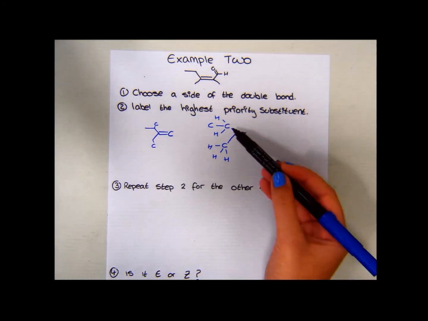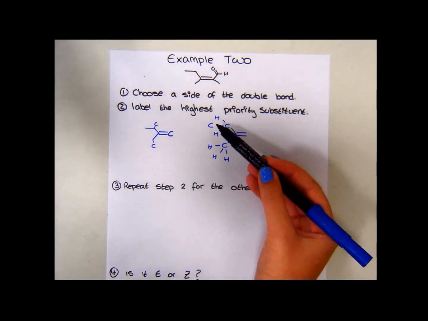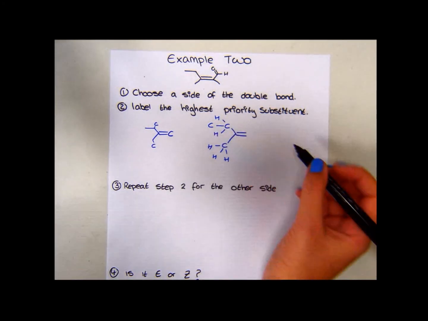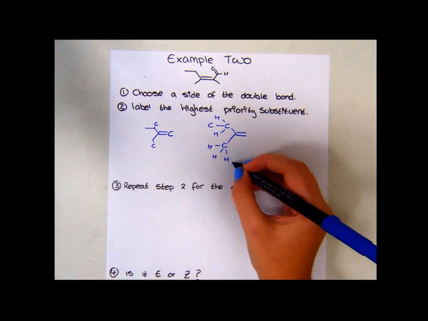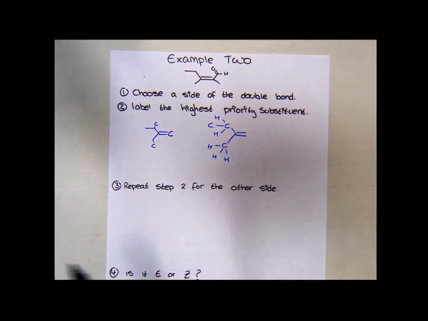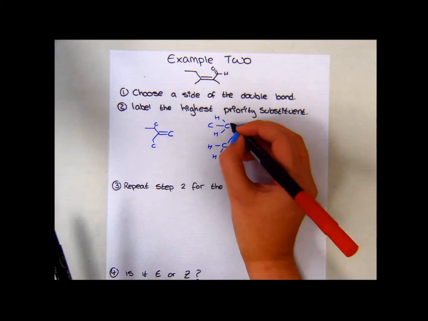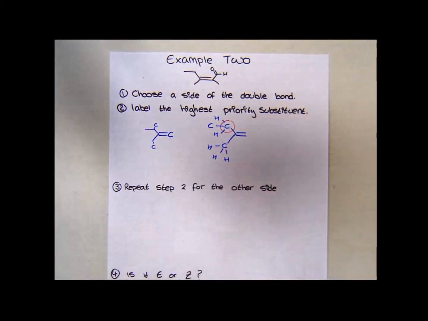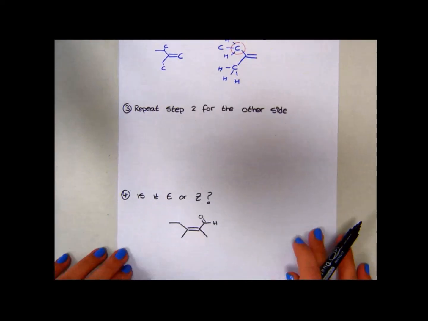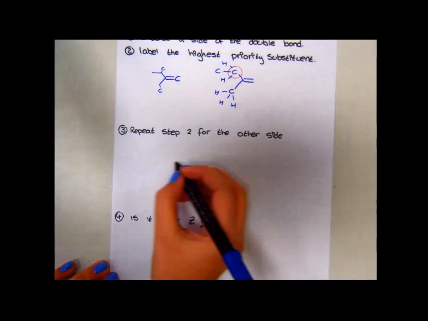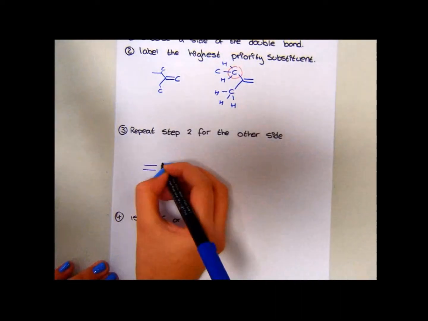As you can see, the top carbon is attached to another carbon as well as 2 hydrogens, whereas the bottom carbon is only attached to 3 hydrogens. This makes the top carbon our highest priority substituent. Now we repeat this step for the right hand side. So redrawing it, we get this.